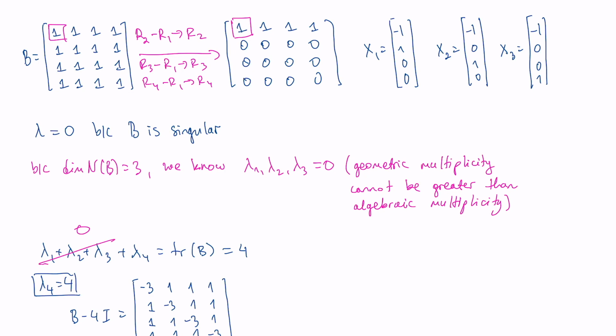Okay, so the matrix B minus 4I is what I have here, and I'm looking for a vector in its null space. And it's very easy to see that if you just add up the 4 columns, you're going to get 0. The sum of the 4 columns adds up to 0. So I see that the last eigenvector is just 1, 1, 1, 1.